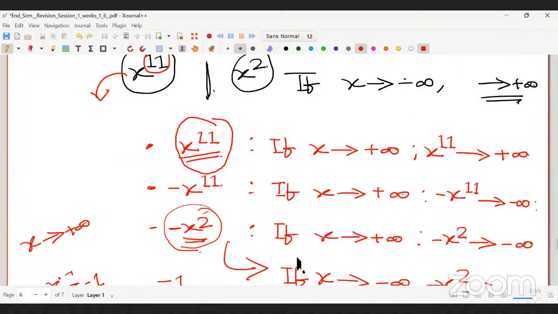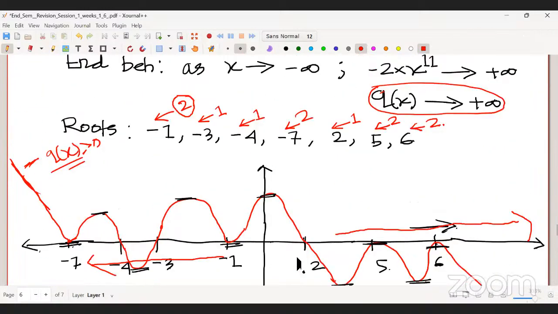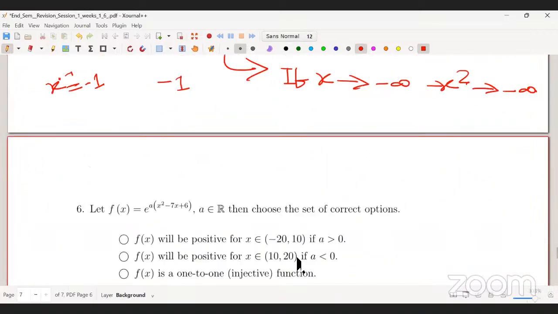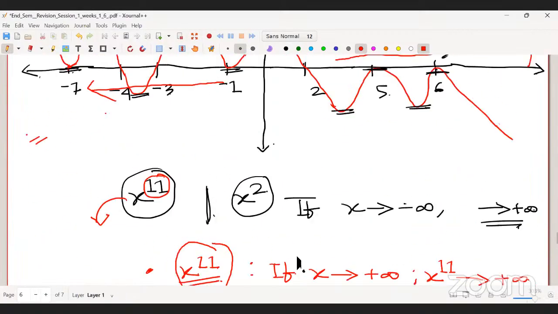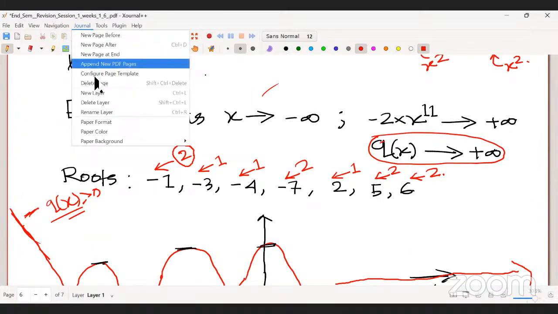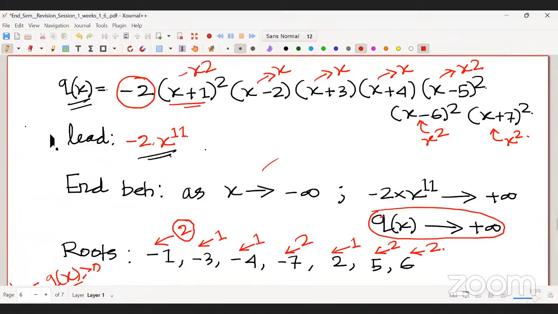Any other doubt? Sir, from observation only, I'm asking: if we have a polynomial of degree 11, we get 10 turning points. If the degree is 9, we get 8 turning points. Is there a relation, that the number of turning points is one less than the degree?